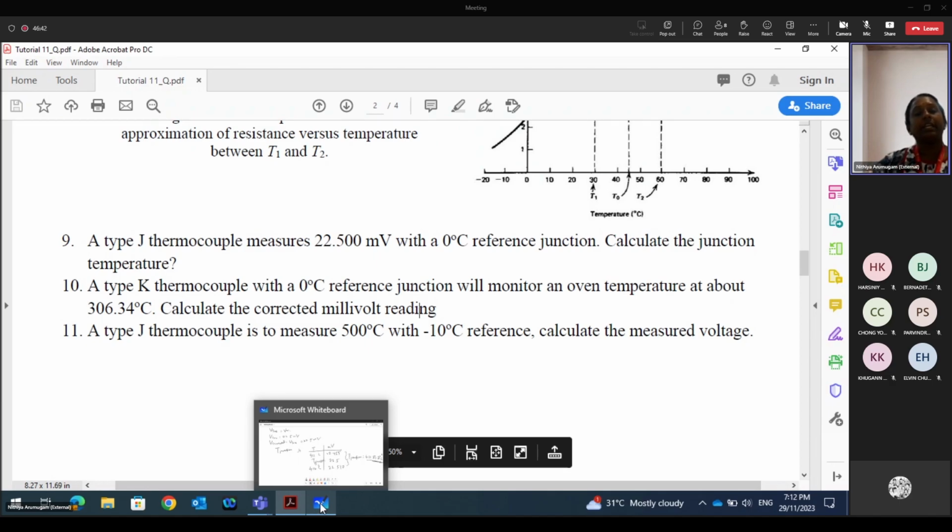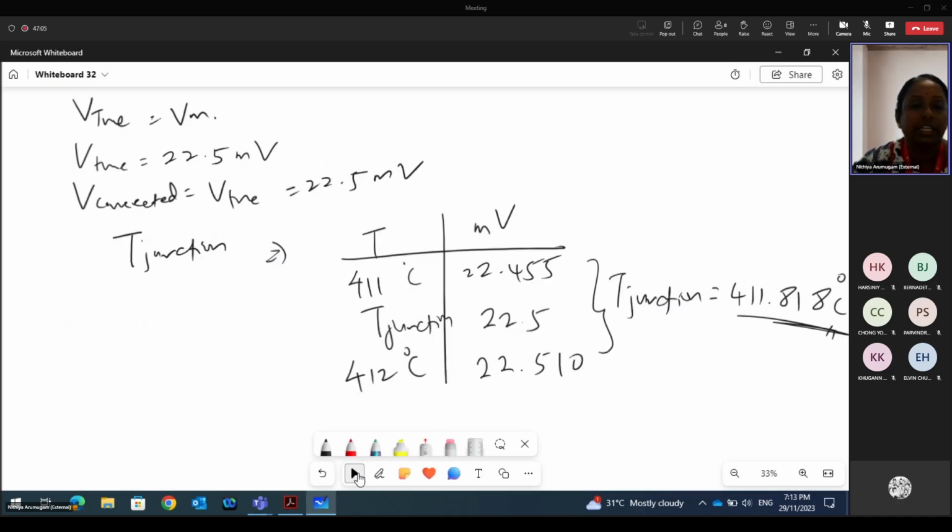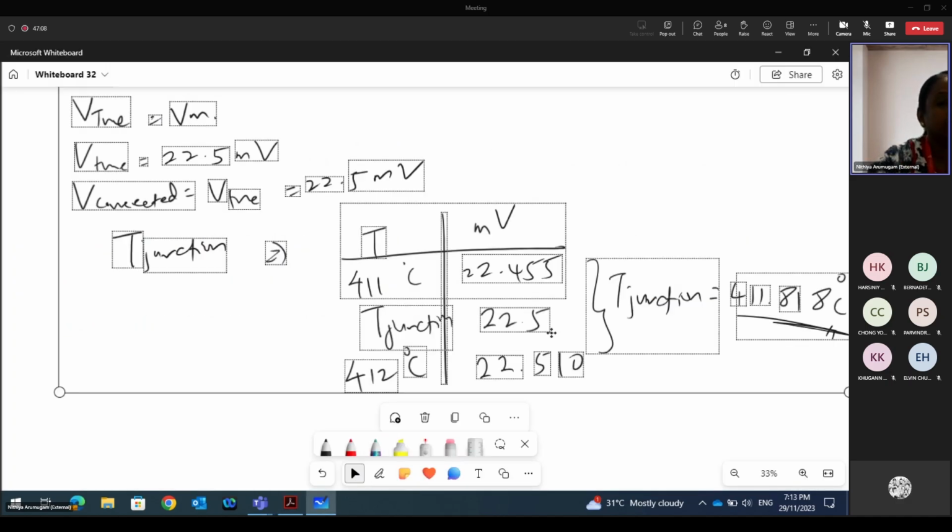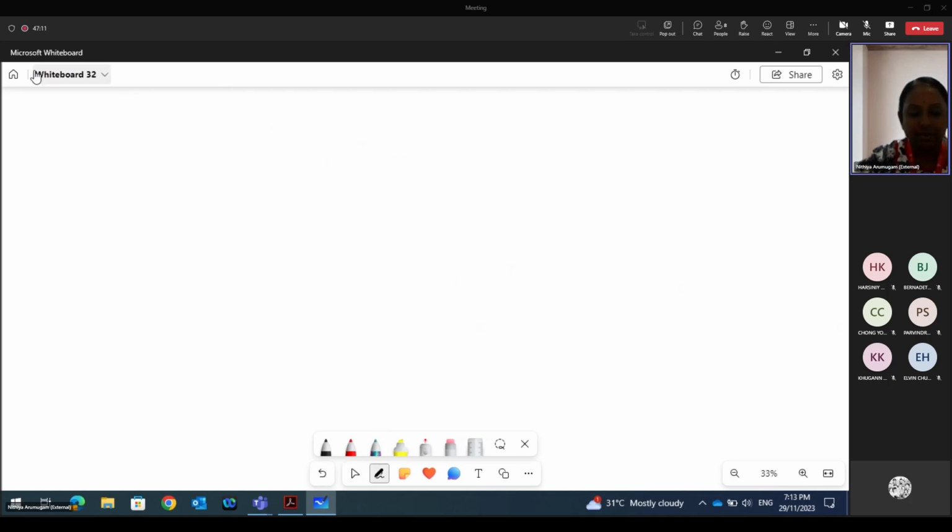Now for question number 10, instead of using a J-type thermocouple, they are using a K-type thermocouple with 0 degrees Celsius reference junction. We monitor an oven temperature at about 306.34 degrees Celsius. We need to calculate the corrected milliwatt reading. The T reference is given as 0 degrees Celsius, so the V reference will be 0.